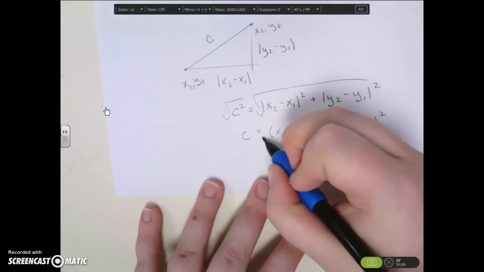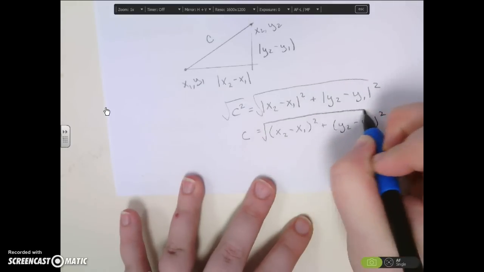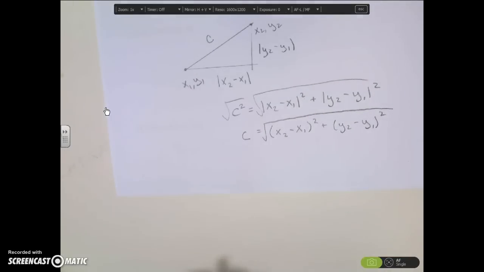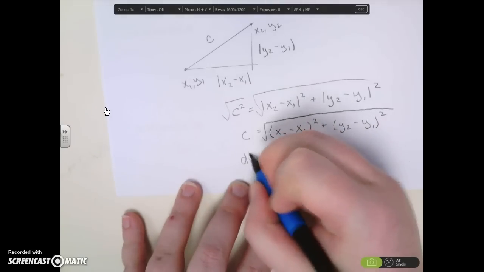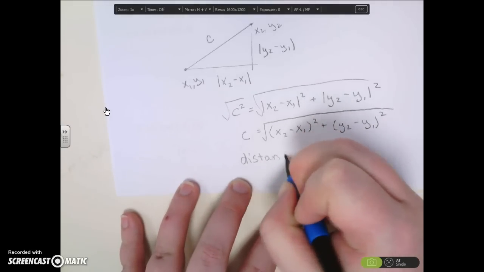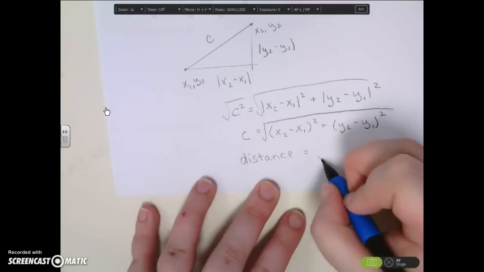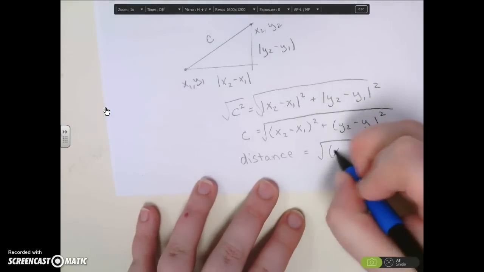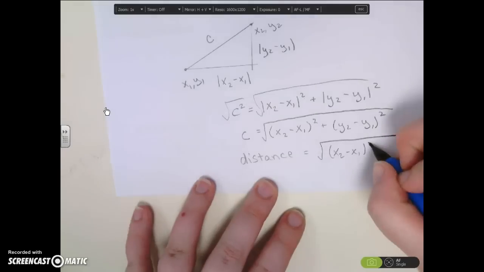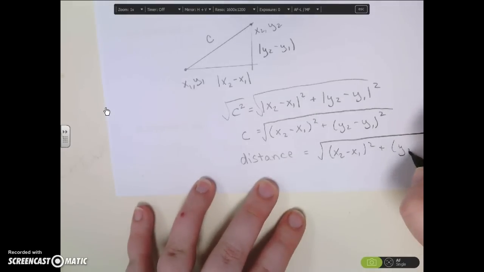So I get c equals the square root of the difference of x2 minus x1 squared plus y2 minus y1 squared. This is my distance formula. So distance is square root of x2 minus x1 squared plus y2 minus y1 squared.